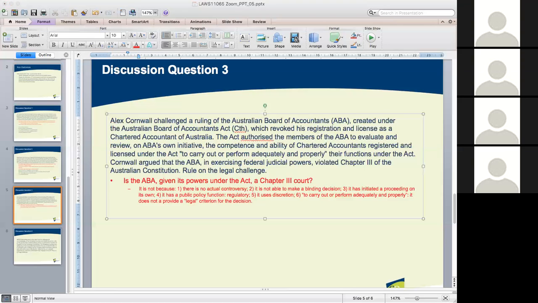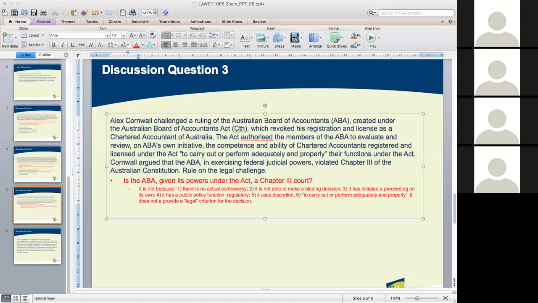So in general, we will observe that this specific board seems to be acting in the following manner. It doesn't deal with actual controversies. In fact, it initiates proceedings on its own. It does not seem to make a binding decision. Fourth, it seems to perform a regulatory function or a public policy function. It seems to be using discretion, which is not a legal criterion.